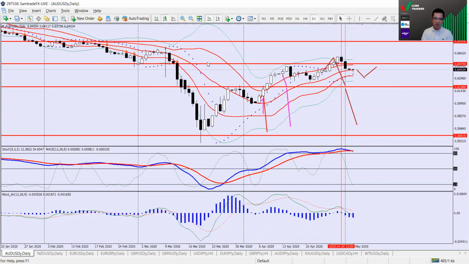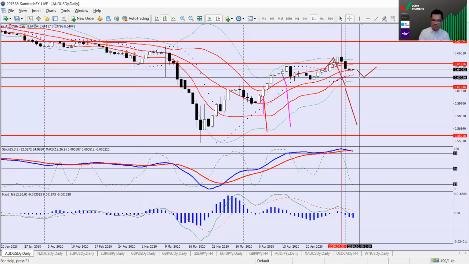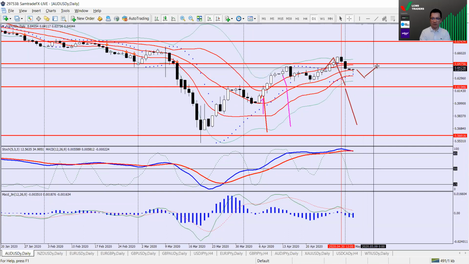I will give you a broad overview of why I think that possible move for the Aussie is downward towards about 0.6280 or 0.63 level, before a possible upward move again. Quite straightforward for Aussie on the daily time frame.